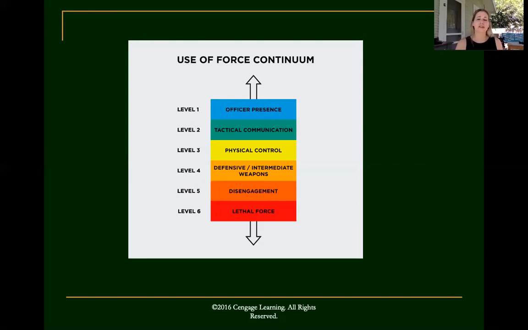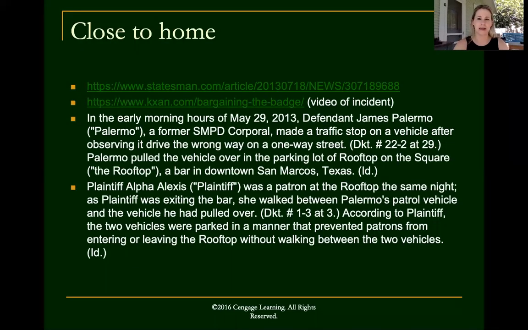Physical control, of course, is when an officer places you down to sit down on a curb or turns you around to place handcuffs on you. Then as you get to level 4, 5, and 6, you get into the more defensive, proactive, and reactive methods that officers use, okay?